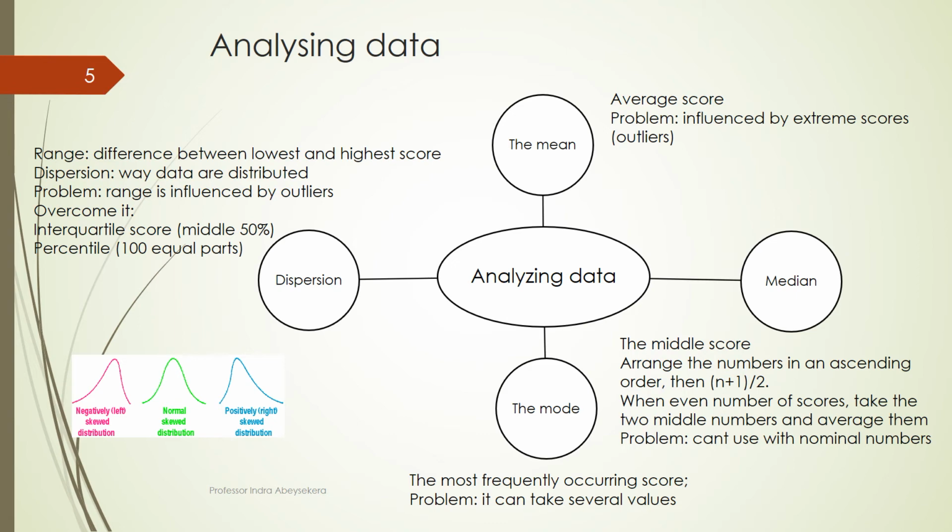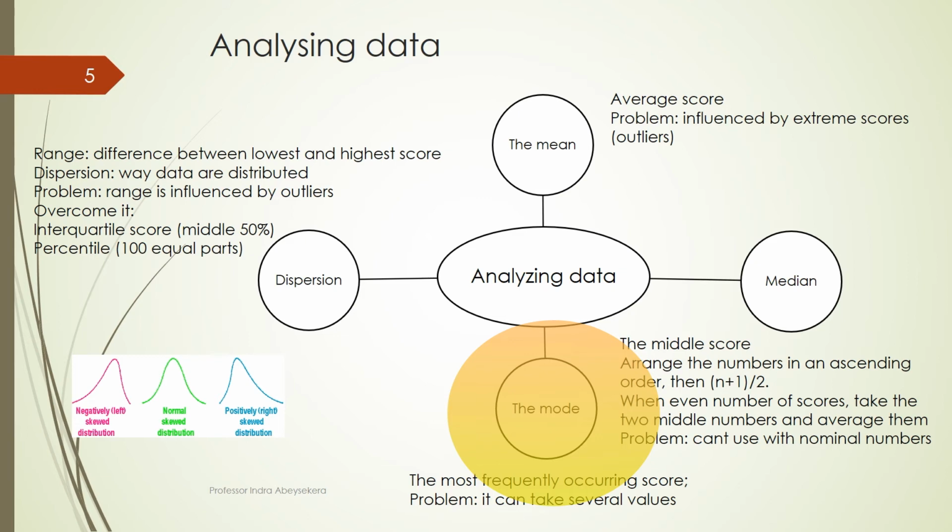If we have an even count, like 10, 10 plus 1 divided by 2 is 5.5, and we can either take the two middle numbers or use them as typical numbers for the median. The third is the mode. That's the most frequently occurring score in a distribution.